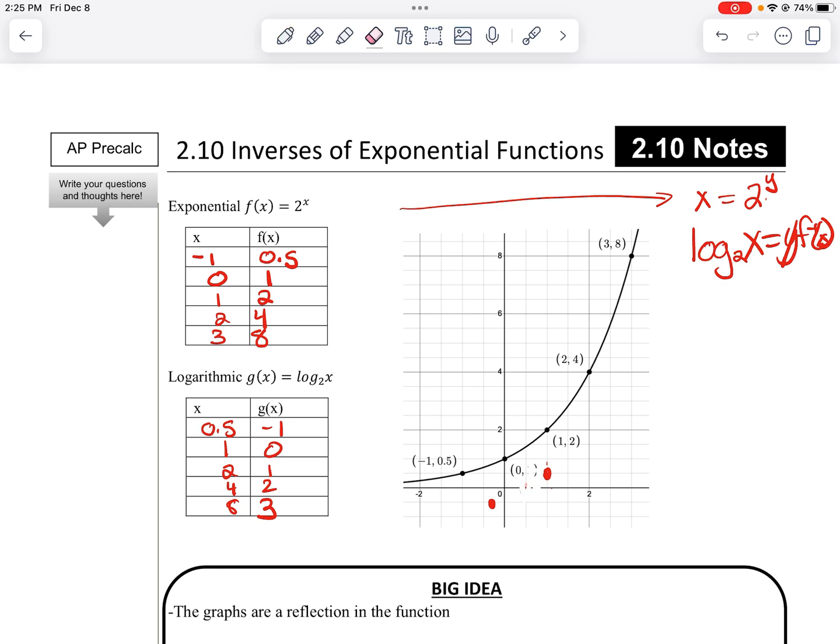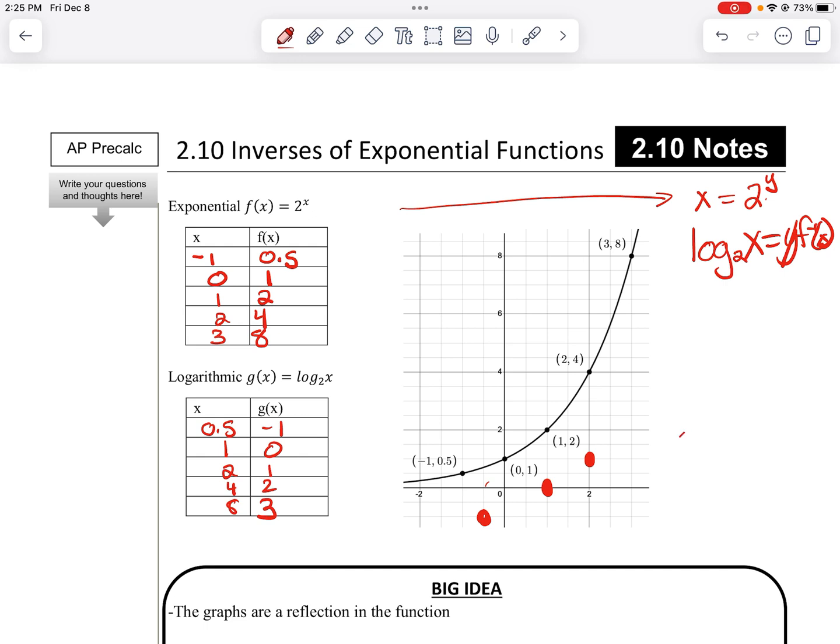Let's double check that. Okay, so 0.5 and -1 would be here, 1 and 0 would be right here, and 2 and 1.